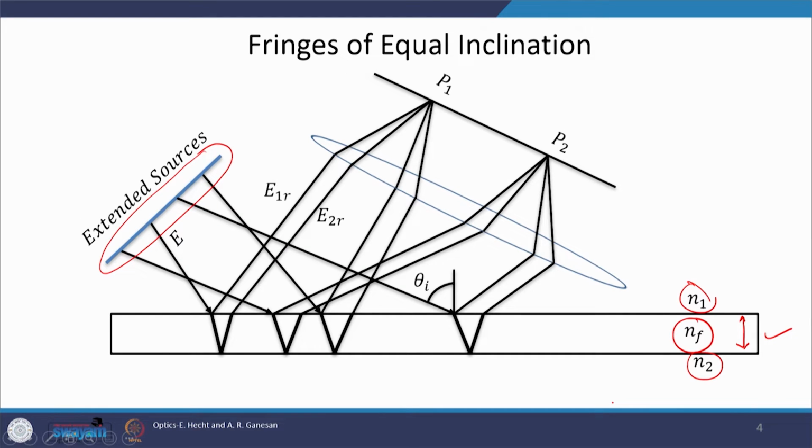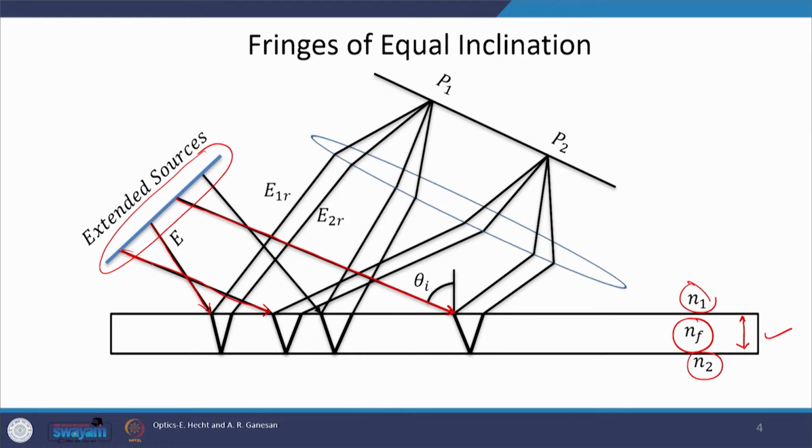Now, the ray which starts from here will fall here, and the ray which starts from this point of the extended source will fall here. Suppose a parallel beam of light is starting from the extended source, represented by this red line here.